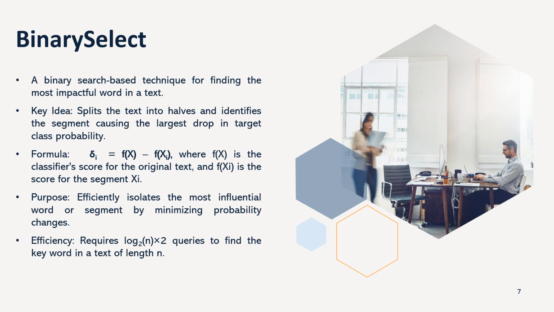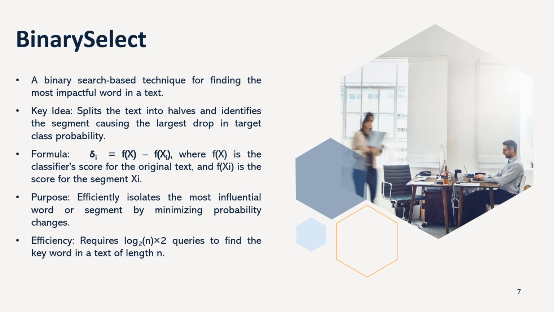This exclusion is based on the principle that removing certain segments can influence the classifier's classification score. The algorithm then computes the difference in probability and finds the score for each segment. The change of probability of a certain target class when the segment x of 1 or x of 2 is removed from the original text.